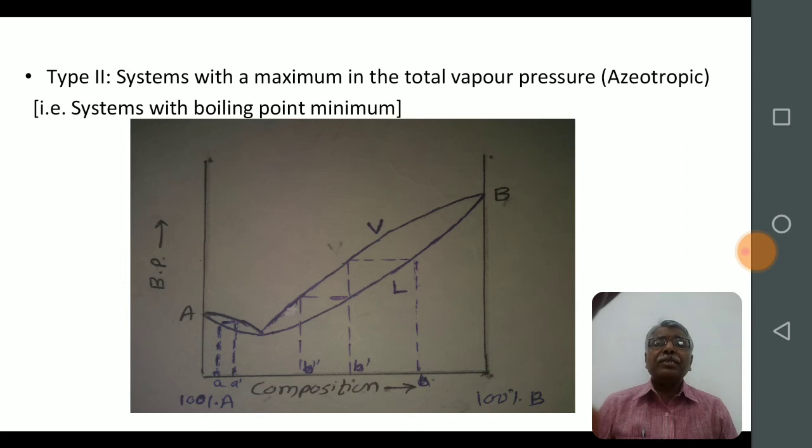If we repeat this distillation and condensation process, then the distillate will reach the azeotropic mixture, at which the two curves, vapor curve and liquid curve, touch each other at a single point. That is, the composition of vapor and liquid becomes one and the same. Hence, at this point, the solution will distill without change of composition at a constant temperature. So it is an azeotropic mixture.